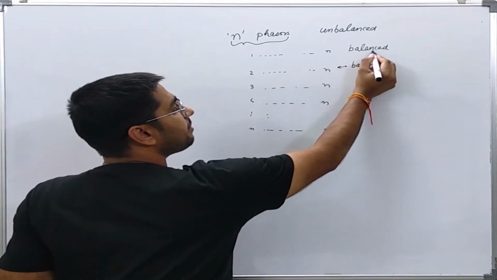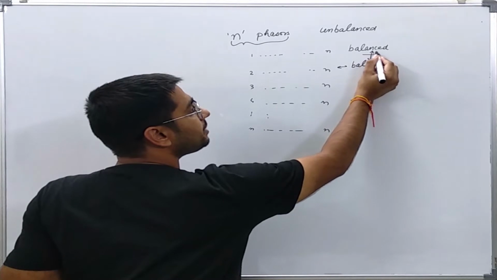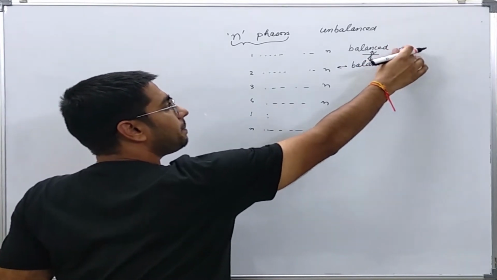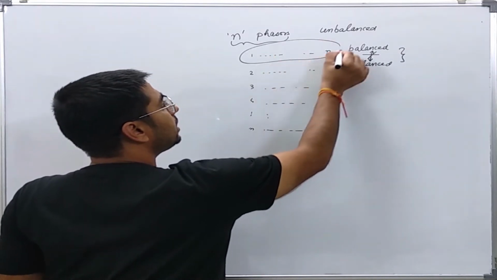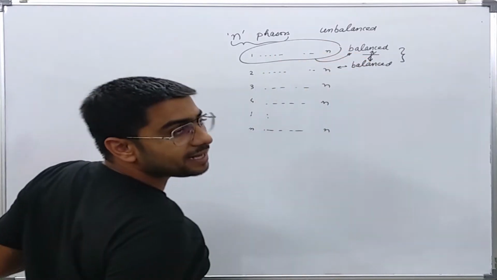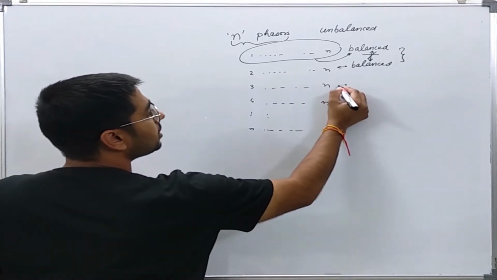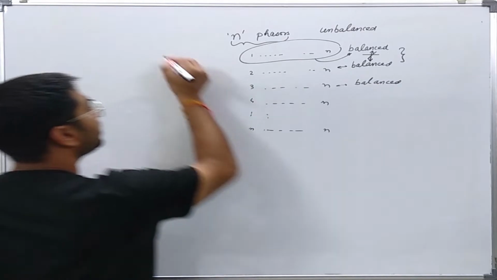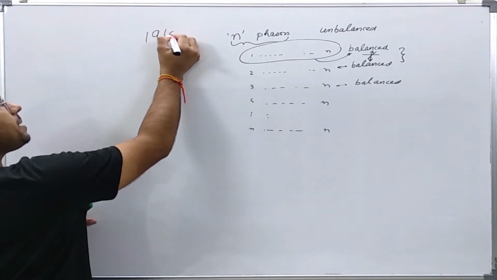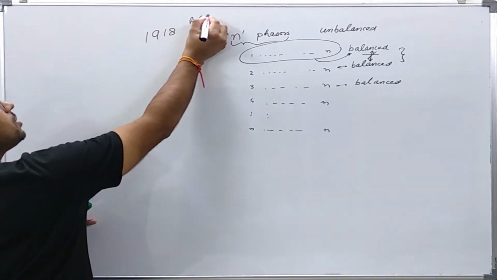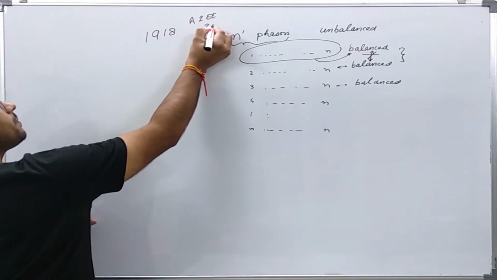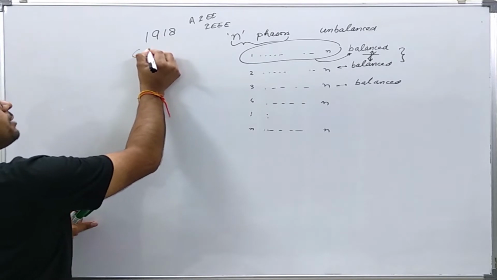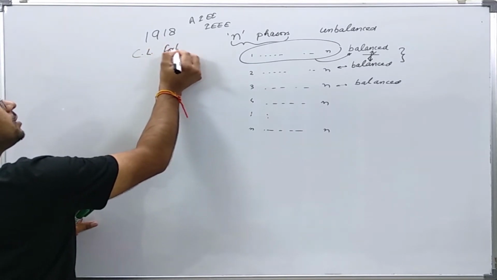They might have some different relationship with each other in two different sets, but within a set, these n phasors will be balanced. So this is the theorem that was given in 1918. This was published in a paper in AIEE, which is now actually IEEE, and the person who gave the theorem was C.L. Fortescue.